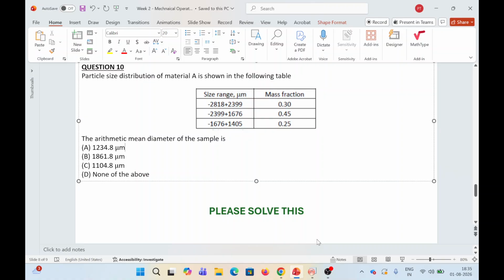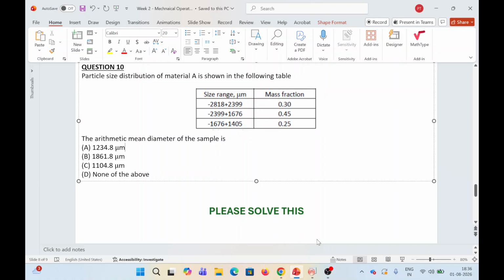The negative sign basically represents that the particles will be of a size under the one that is mentioned. The negative sign represents the upper limit of the size range, whereas the positive sign represents the lower limit. So in this case, the size of the smallest particle is going to be 2399 micrometers, and the size of the largest particle is going to be 2818 micrometers.